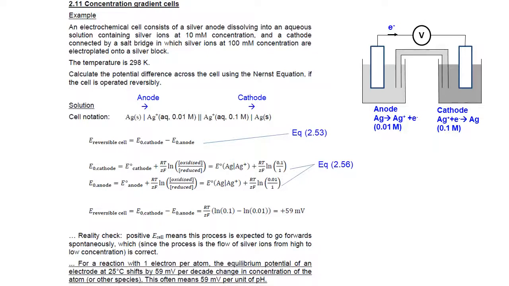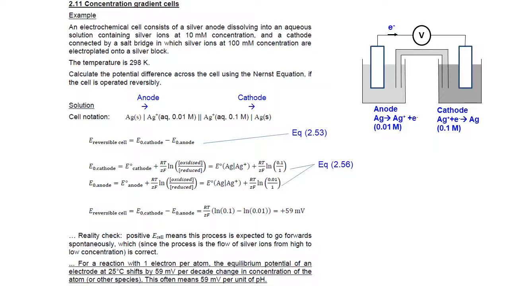So how do we do that? The cell notation is given under the solution, and this cell notation is algebraically how we describe this picture of the dissolving silver foil in dilute solution, and the other electrode, the cathode, where silver ions are plating out from concentrated solution.